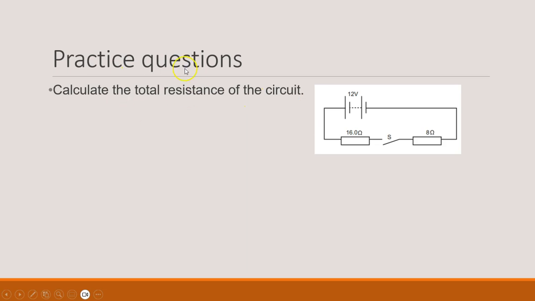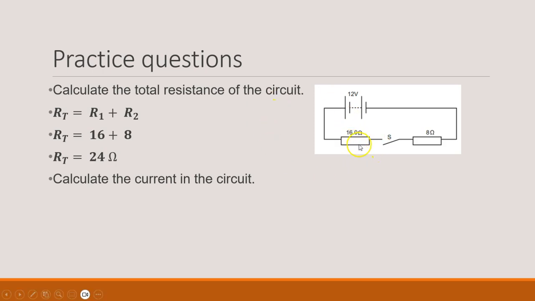Let's now calculate the total resistance of the circuit. These resistors are connected in series. So RT equals R1 plus R2. It is 16 plus 8, so the total resistance of the circuit is 24 ohms.